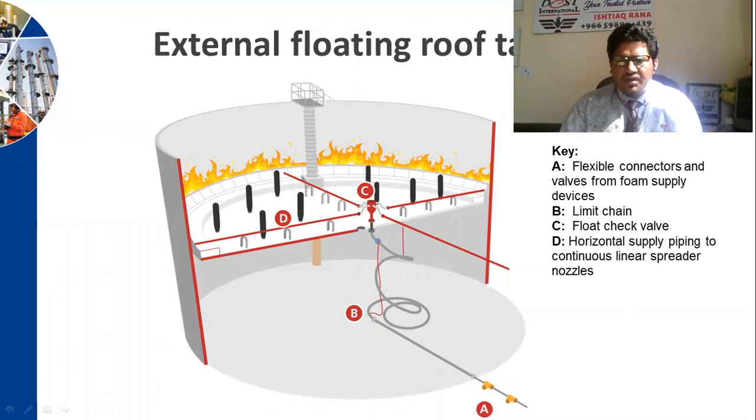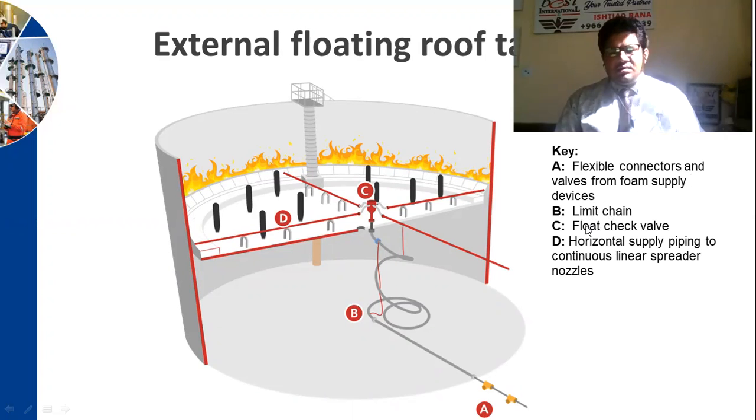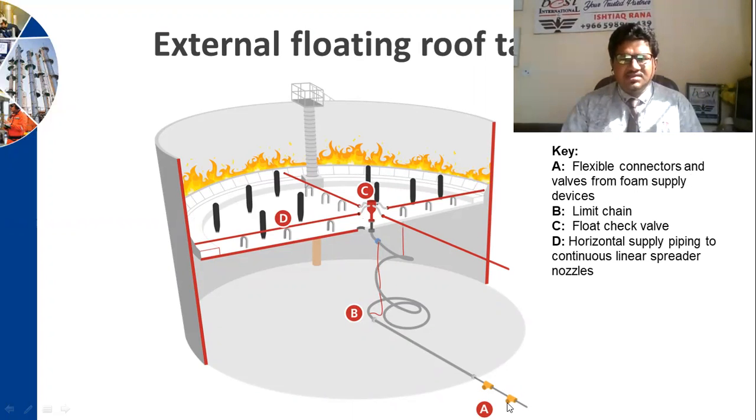External floating roof tank, EFRT, has flexible connectors and wall foam supply devices. And you truly have to understand, guys, the different types of tanks. Accordingly, it will help you to better understand and be safe at the site, because different kinds of tanks are there, and as per the design, you need to understand them in better shape.